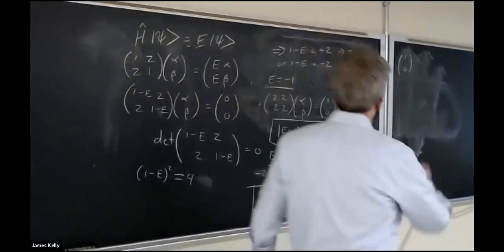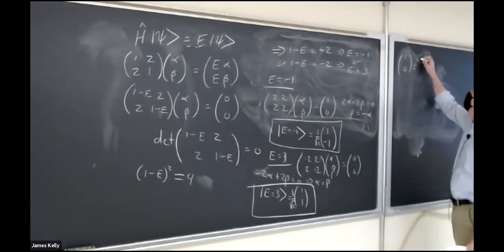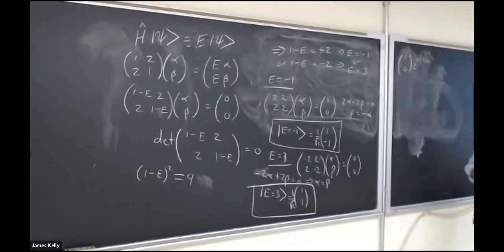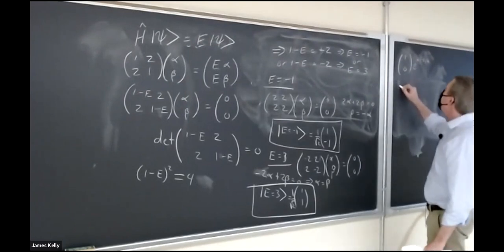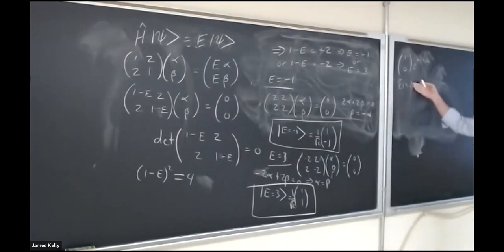Okay, so what do I do over here? Do I just put an e to the minus i E t over h bar? Well, what E should I use? There's a step I have to do before that, right? It's sort of like we know psi at time t equals 0. I can't just put the e to the minus i E t over h bar in front of that.